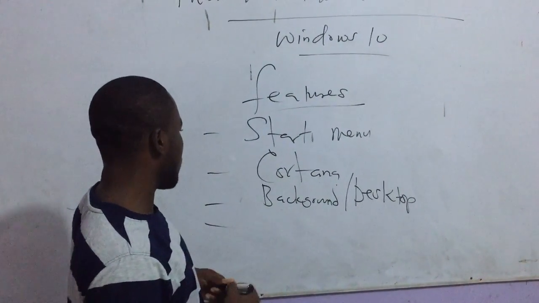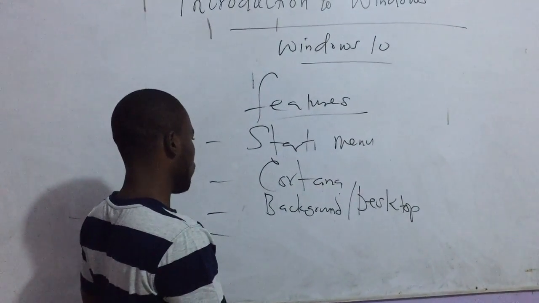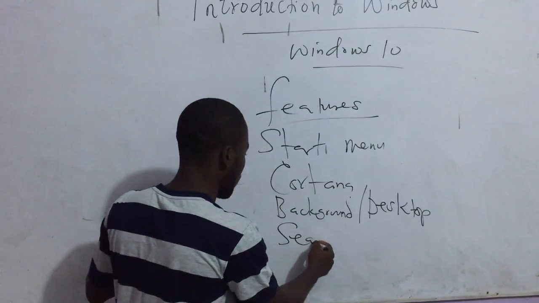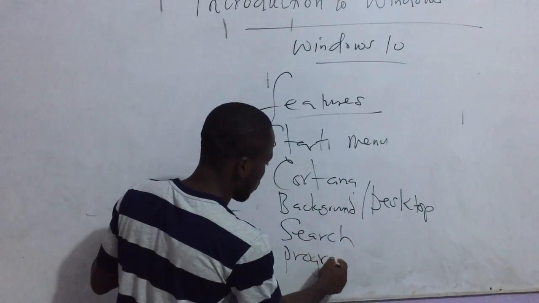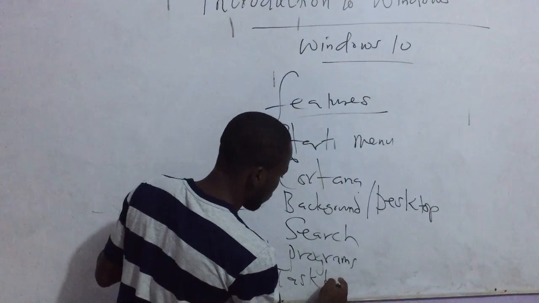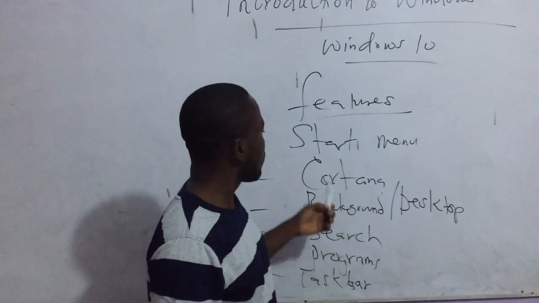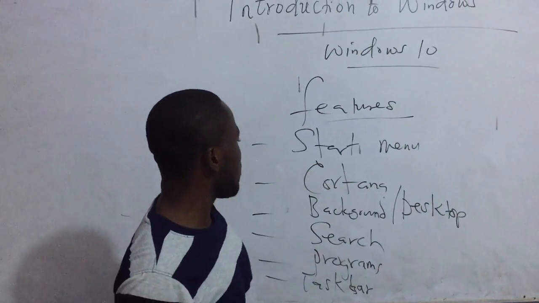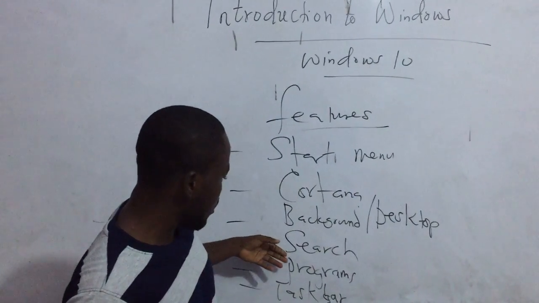Features: we have the start, control, and the search also. Then we have programs, and then the taskbar. I remember I explained to you the functions of the start menu, but we couldn't get to Cortana and the programs.